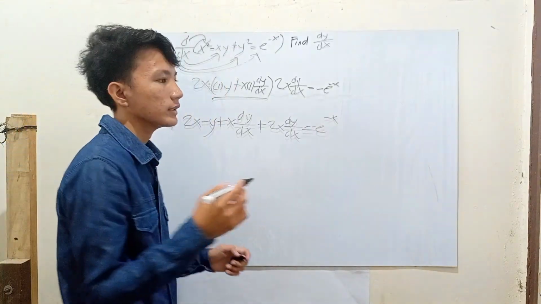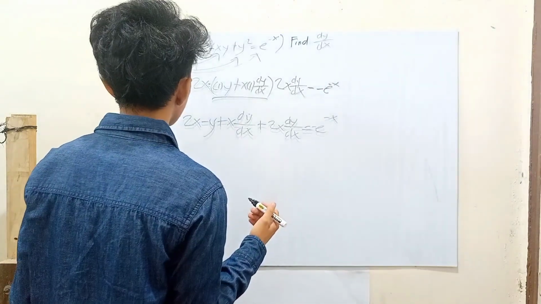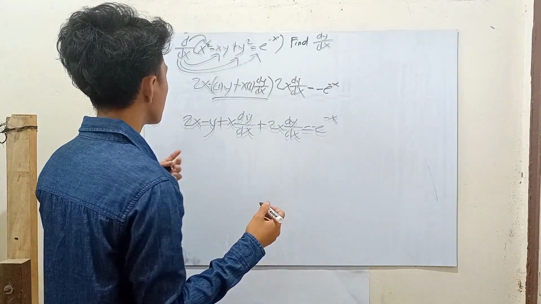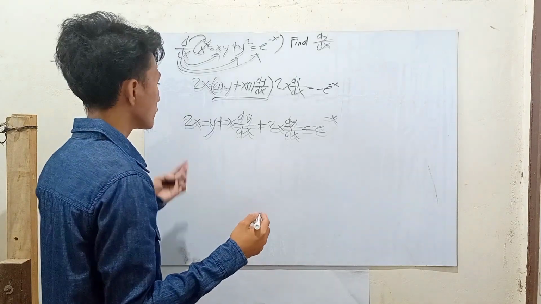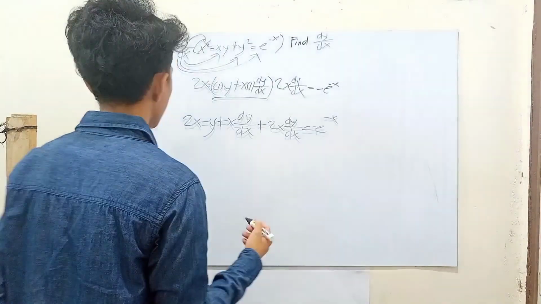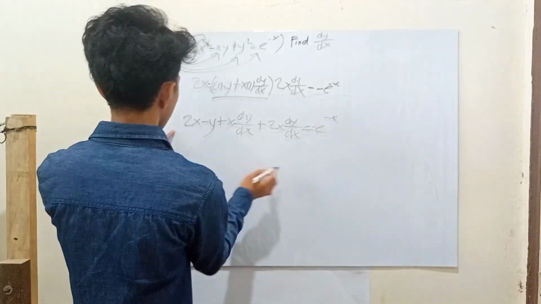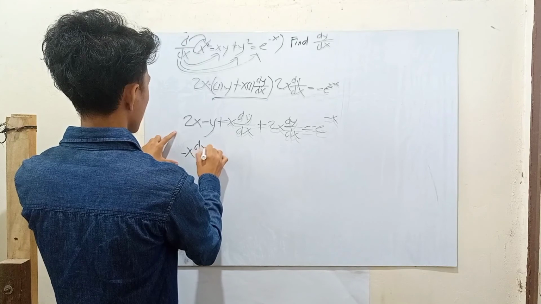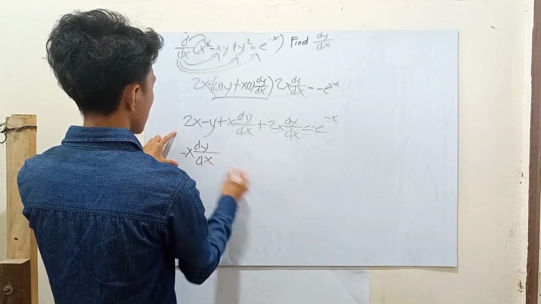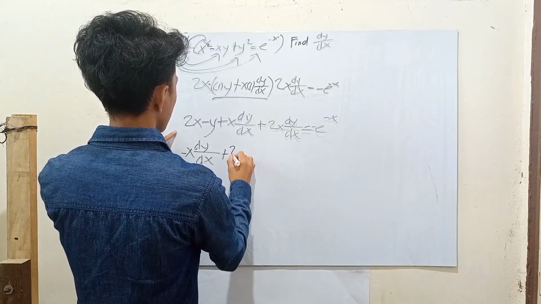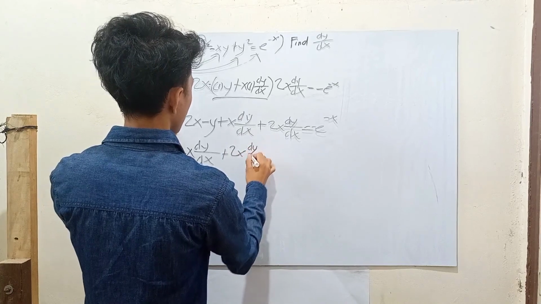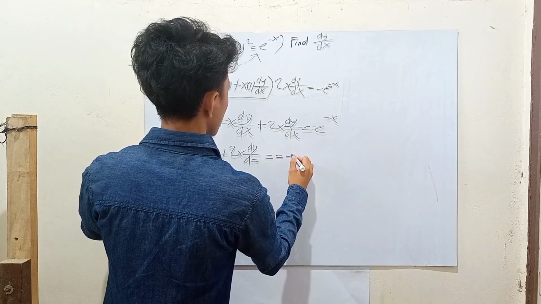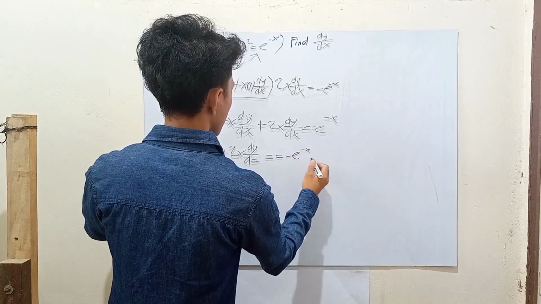And then next, we need to transpose the terms that don't have dy over dx. Negative x dy over dx plus 2x dy over dx equals e raised to negative x.